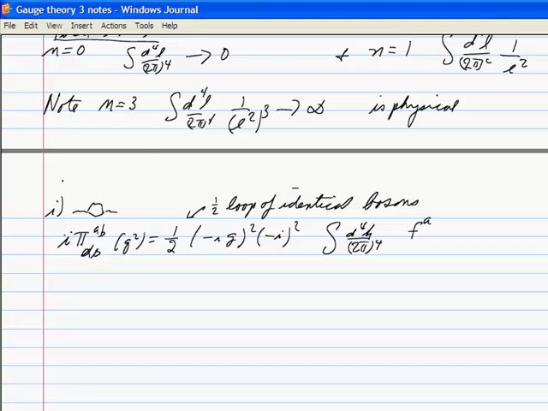So let me draw this a little bit bigger here and label these.